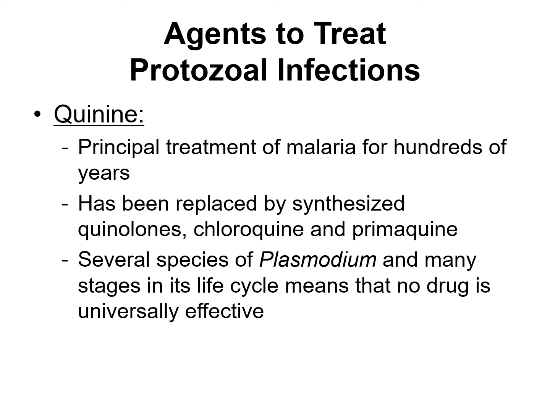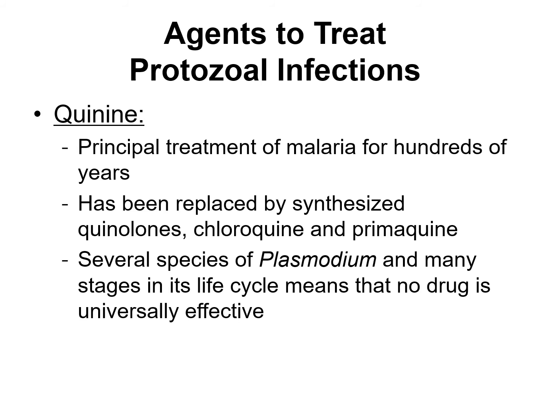So protozoal infections. So they're going to have obviously a different group of medications to treat protozoal infections than fungal infections and bacterial infections. So quinine was the principal treatment for malaria for hundreds of years. Since then, it's been replaced by quinolones like chloroquine and primaquine.